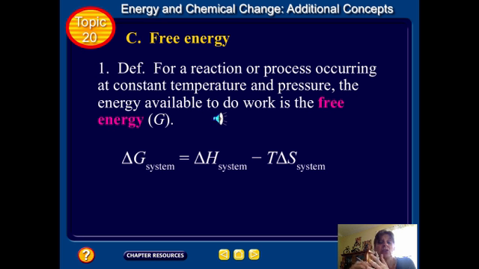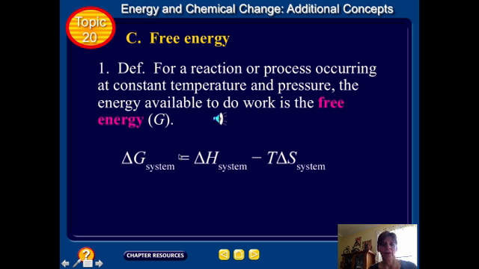Chemistry is useful in that way, not only making new products, but also changing energy around to do work for us. And so engineers, especially chemical engineers, have to think a lot about harnessing energy in the most efficient way possible. So here's the equation that is very useful.